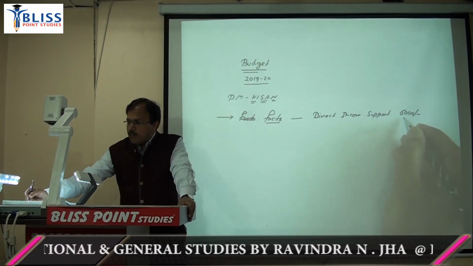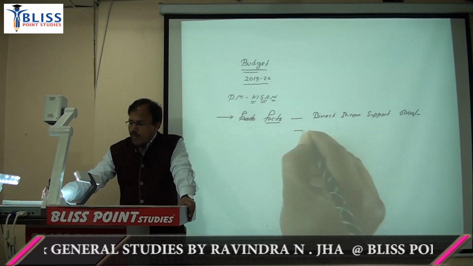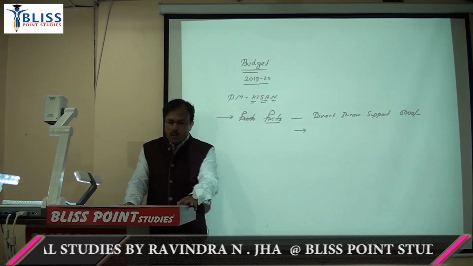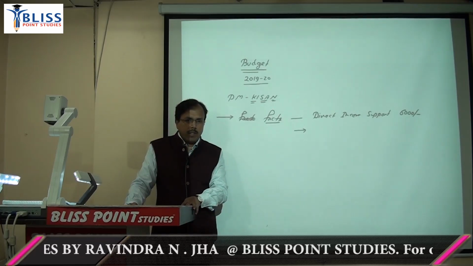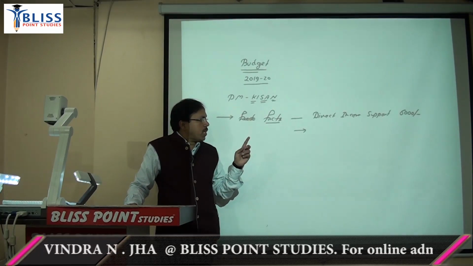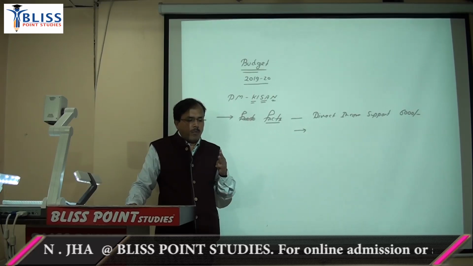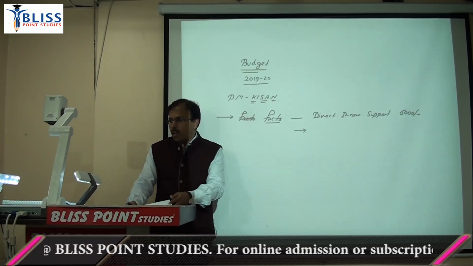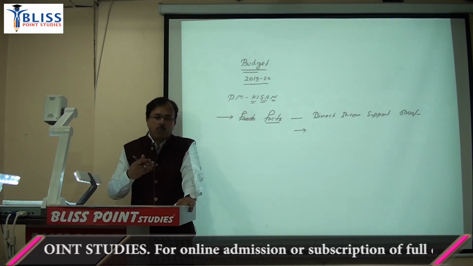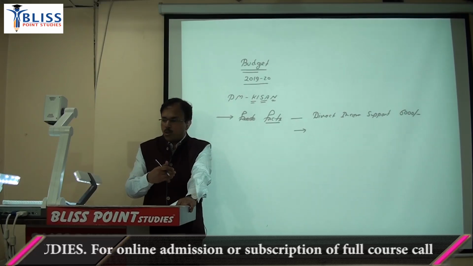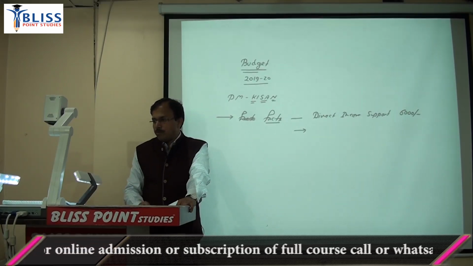That income support of 6,000 to the farmers having cultivable land of up to 2 hectare will be given in 3 installments of 2,000 each, and 1 installment will be given before 31st of March 2019.